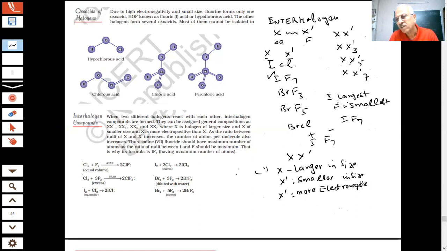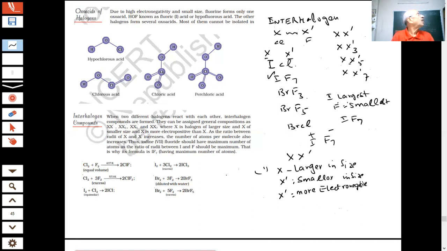This question has been asked that IF7 exists, but if you say ClF7 or BrF7, they do not exist. They do not exist because their size is smaller, so they cannot hold seven halogen atoms.